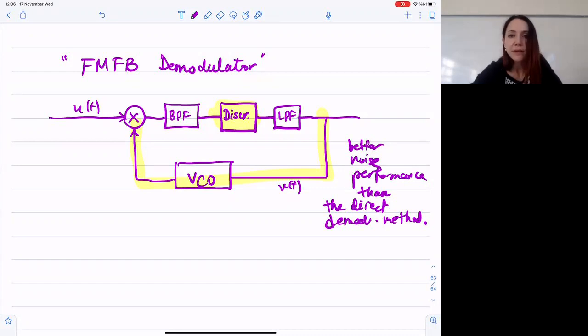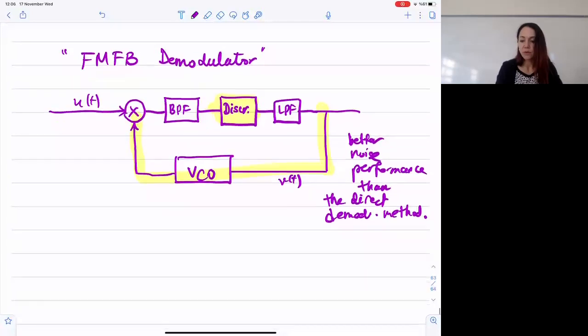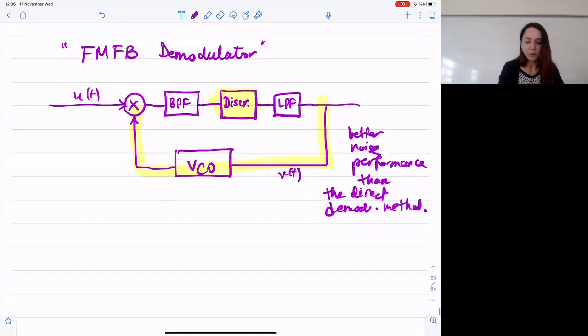So in the remainder of our time, I would like to work out a few examples, maybe one or two. Okay, so let's do some example problems.